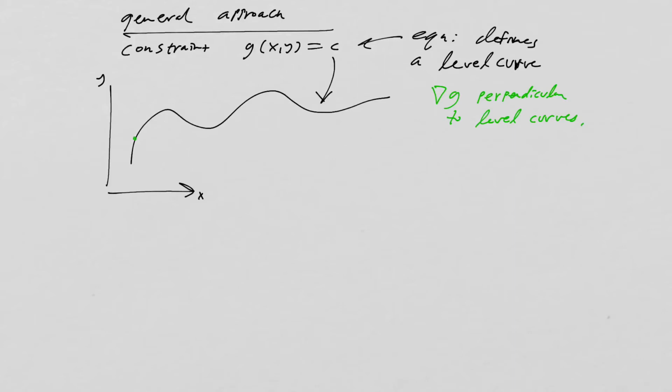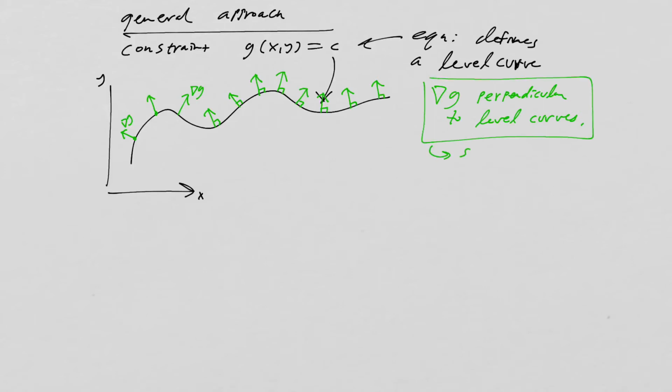So what we can say is at every point on our level curve, the gradient looks like this. The gradient of g looks like this. Okay, so it could also be on the other side of the curve. It doesn't really matter. What matters, of course, is that these are all 90 degrees to the tangent vector of that level curve.